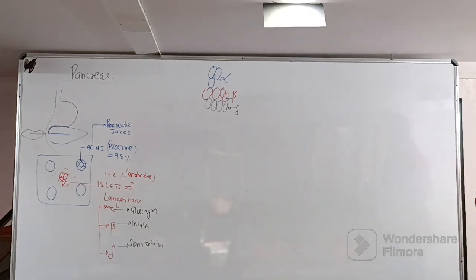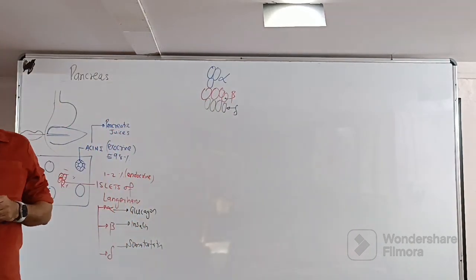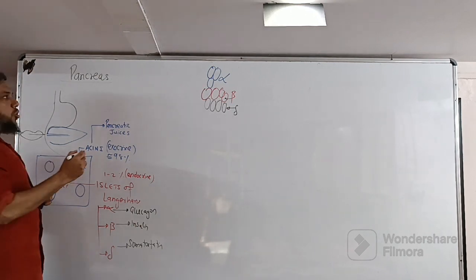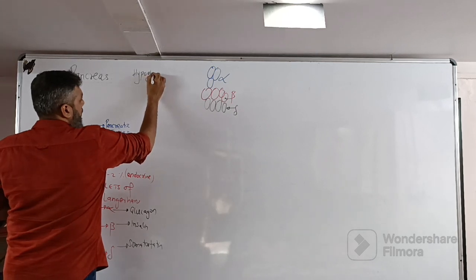Okay? Now let us see how and when they are released. Right now, many of you must be feeling hungry, isn't it? Especially if you didn't have your breakfast, your glucose level in the blood will decrease. The condition is called hypoglycemia.